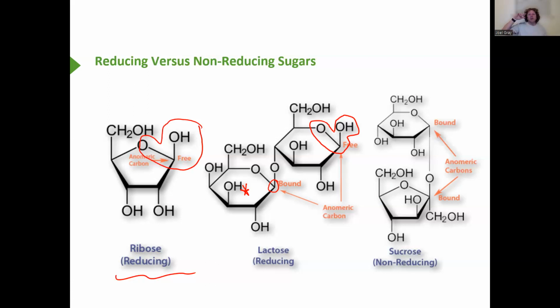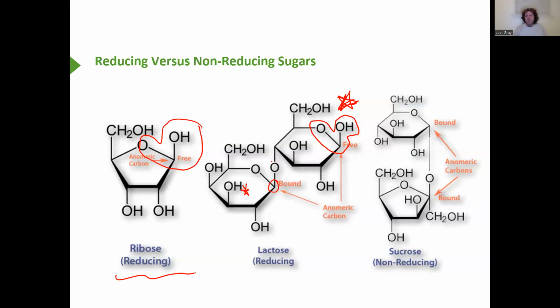But the way that I think about it is, could this end right here that I'm going to put a big star by, where I put this star, could that interconvert from the alpha configuration, or from the beta as it's depicted, to the alpha configuration? And if the answer is yes, it could, then that is a reducing end. If the answer to that question is no, it could not, then that is not a reducing end.